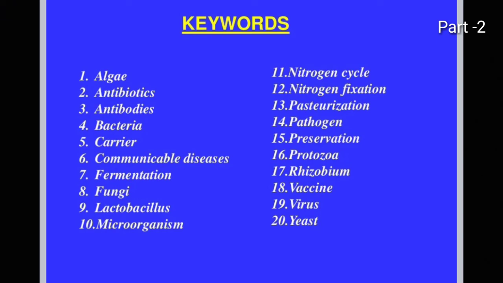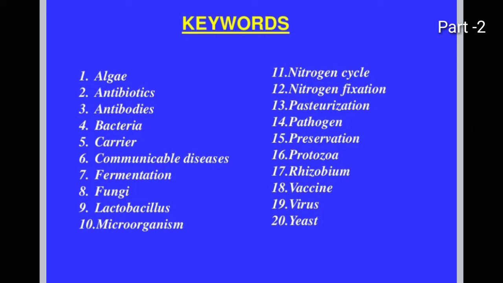Then the fermentation process which is done by yeast, and it helps in the production of alcohol, wine, and bakery products also, where it helps in the softness of these products. Then fungi, which are also microorganisms. Then lactobacillus, a type of bacteria which helps in the preparation of curd from milk.